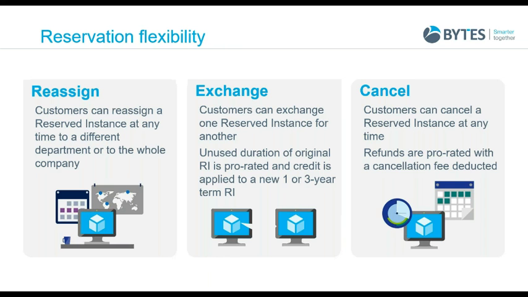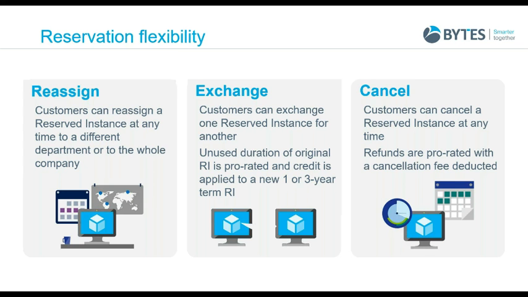The great thing about reservations is there is some flexibility with them. So the reservation doesn't apply to a specific virtual machine. It applies to that SKU of virtual machine within that region. So as long as there's a virtual machine that is available to be utilized by that reservation, it will automatically apply. So for example, in the example of the D4v3, if you had a number of virtual machines of that same size, and you only had one reservation, and that's applying to, say, a line of business application, for example.